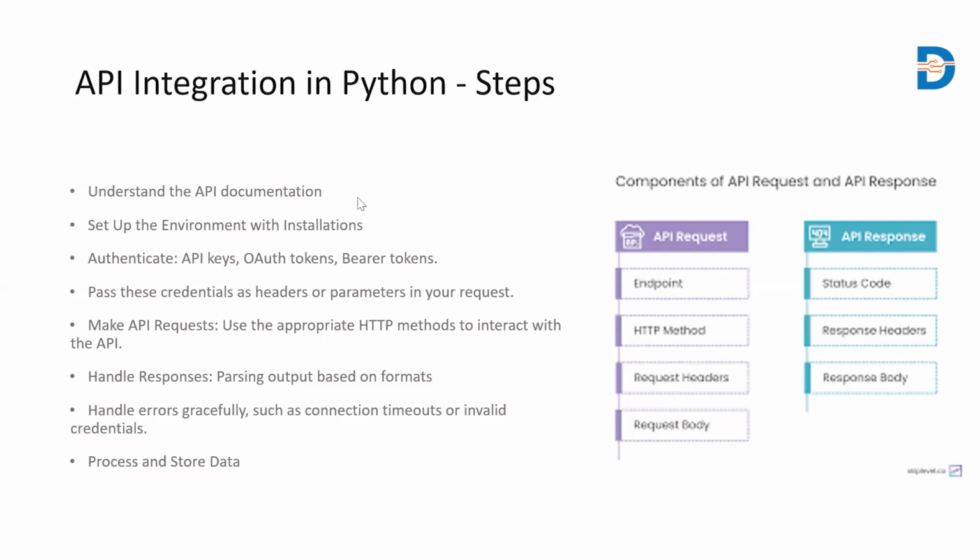Now, once we make requests, we should also be prepared to handle the responses. Responses are typically in JSON format, which can be parsed with Python's JSON module or the .json method of the requests library. Now, it is also important to handle errors gracefully, such as connection timeouts or invalid credentials.